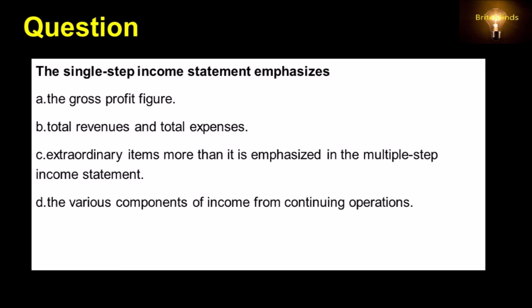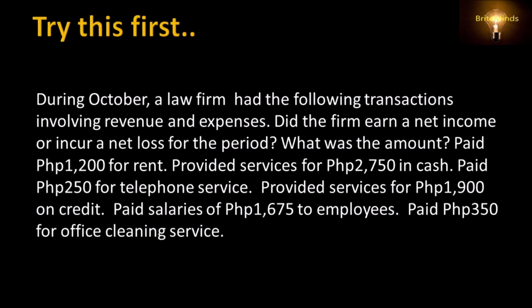So what would be your answer? Is it A, B, C, or D? So the answer is total revenues and total expenses, letter B.